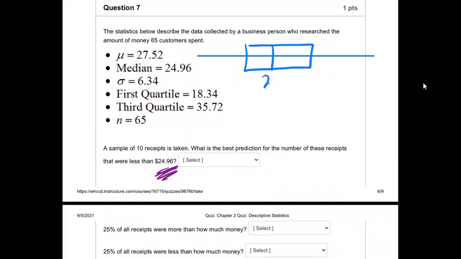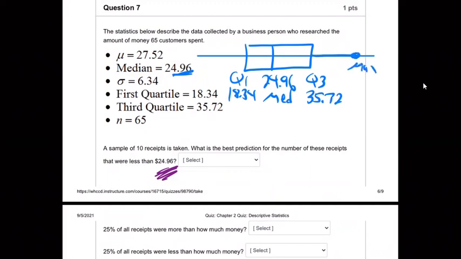The median is the middle, 24.96, and then the Q1 and the Q3. The Q1 is this 18.34, and the third quartile is this 35.72. And then there's up here some max score, and some minimum score.